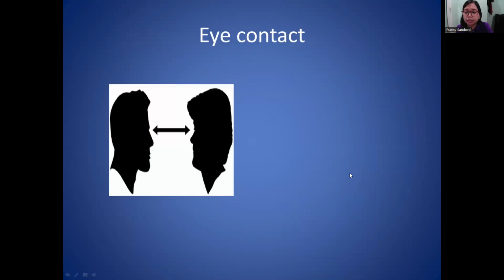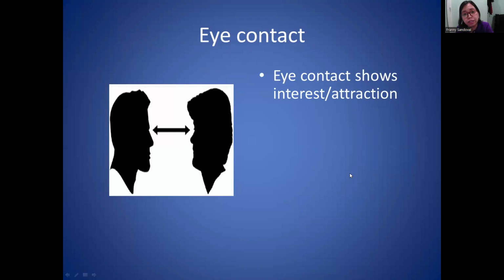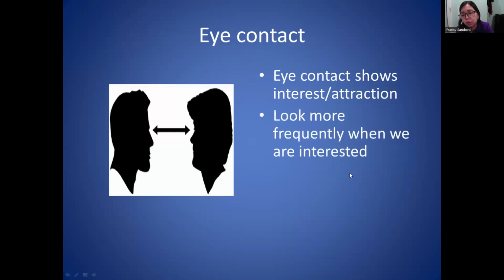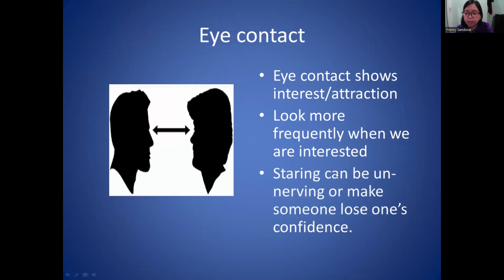Eye contact. Eye contact shows interest or attraction. We look more frequently when we are interested. However, staring can be unnerving or make someone lose one's confidence. So please do not stare.